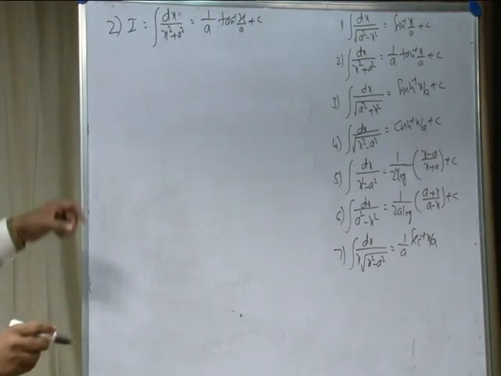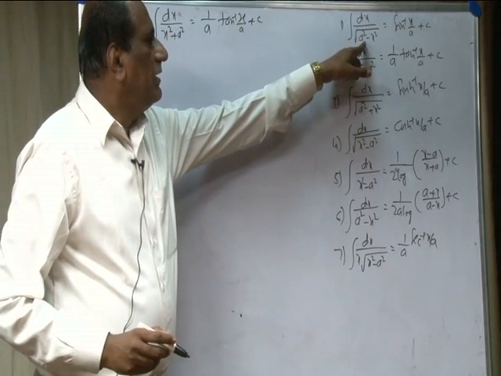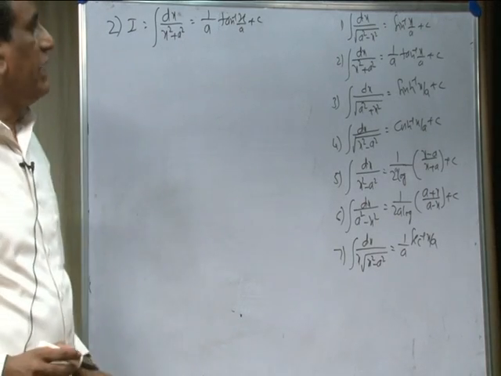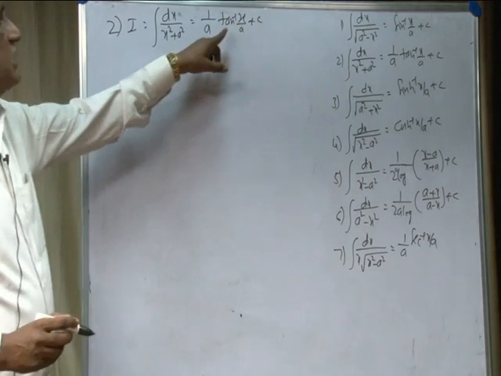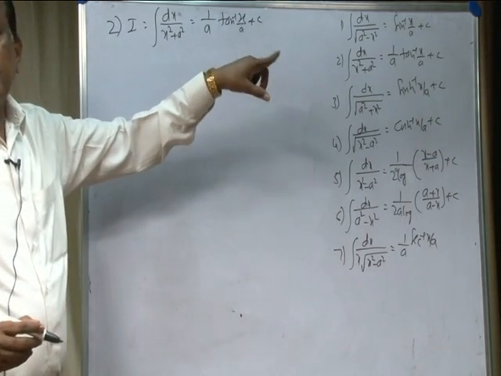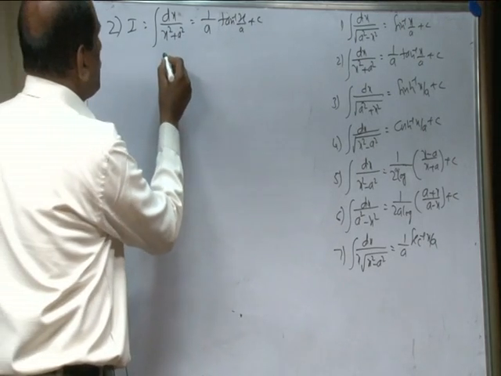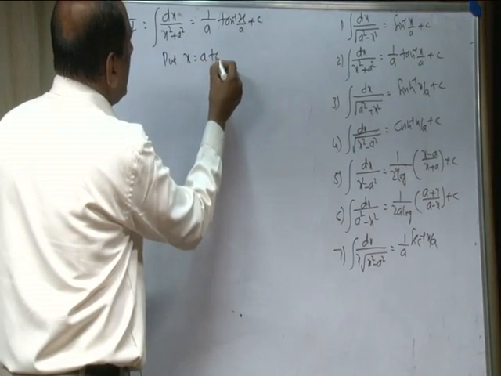See here, in the last derivation I took the substitution x is equal to a sin t. Now take the substitution x is equal to a tan t, because the final result is in the form of tan inverse x by a plus c. Therefore, take the substitution x is equal to a tan t.